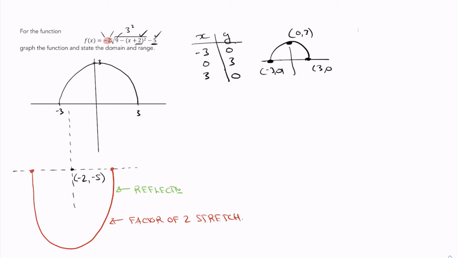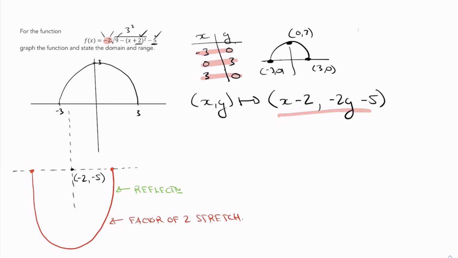This one is 3, 0. And applying this transformation to it, (x, y) maps to (x - 2, -2y - 5). And just plug in, one pair at a time, this guy, then this guy, then this guy for x and y. Get your points that are transformed, and you get your final graph.